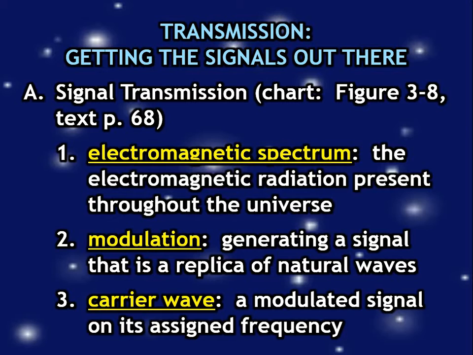The electromagnetic spectrum is the electromagnetic radiation present throughout the universe. So it's all the stuff that's out there. Modulation is the idea of generating a signal that is a replica of natural waves. And a carrier wave is a modulated signal on its assigned frequency.